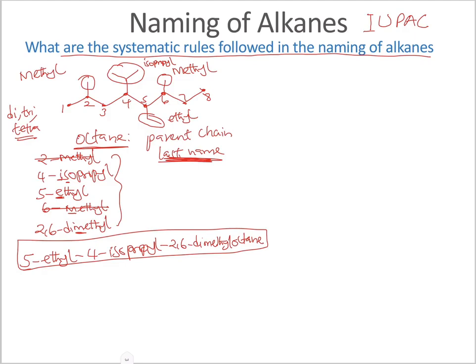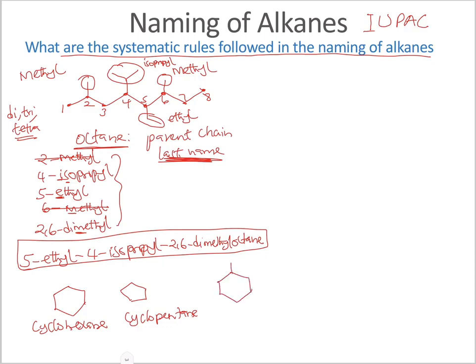Another example we can consider is, what if we have a cyclic compound? Now this is going to be called cyclohexane. If you have a 5-membered ring, we're going to call that a cyclopentane. Sometimes you might have a substituent on the ring.